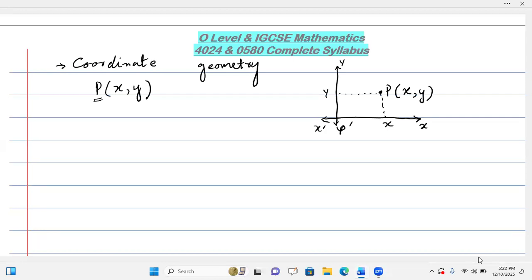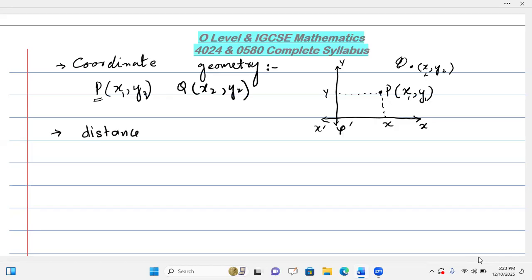y over there. Let's suppose, according to our mathematics terms, we will have to use 2 points, like I am using another point Q over there, and I am giving x1, y1, and x2 and y2 with respect to the positions of this point Q. First of all, the first term which we need is the distance formula.